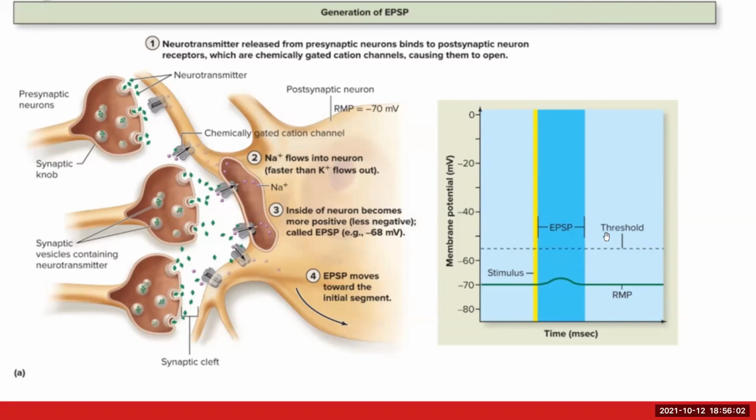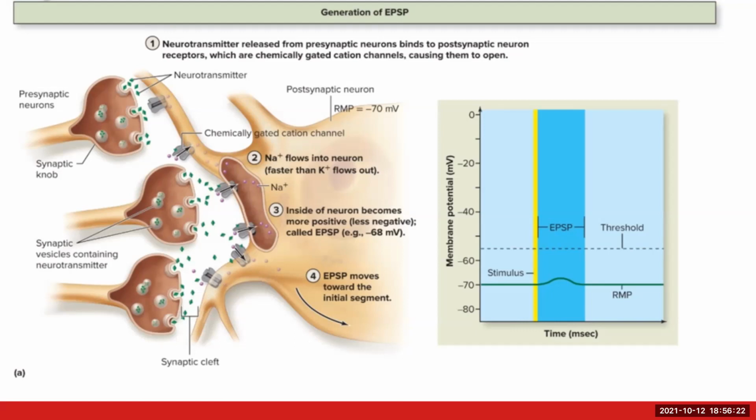What's this threshold value? For right now, I'll tell you that's the value we need to get to, which is -55 millivolts, at the axon hillock, at the initial segment.